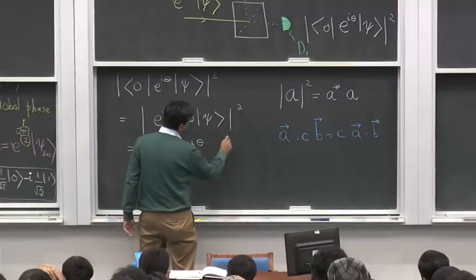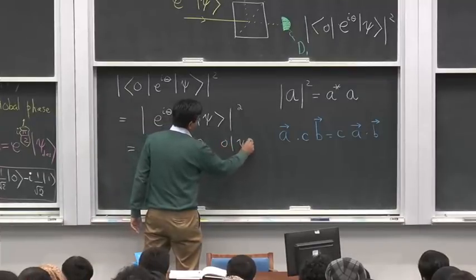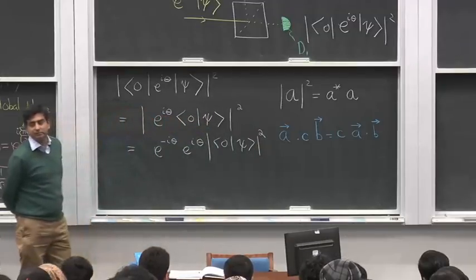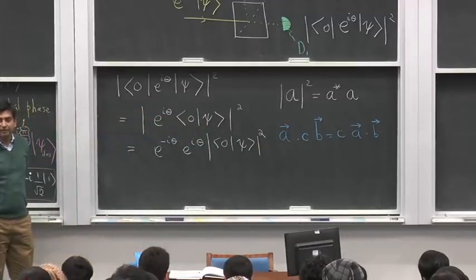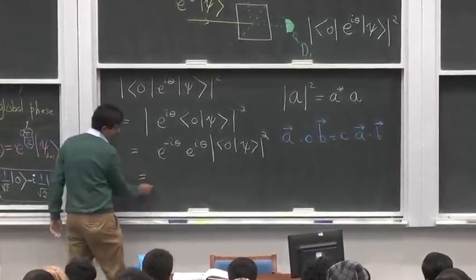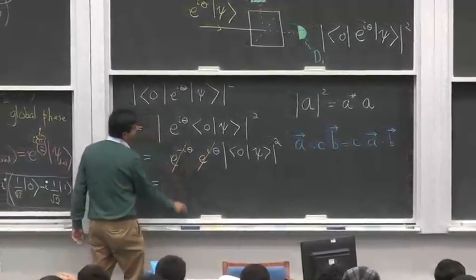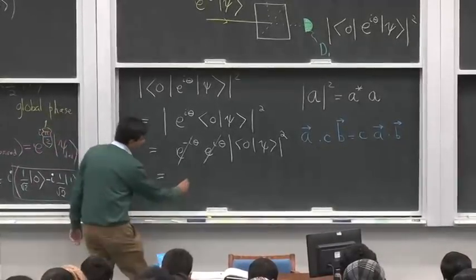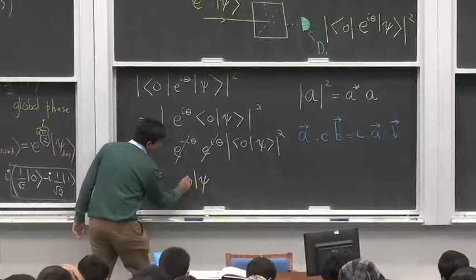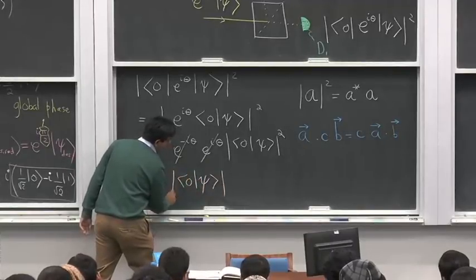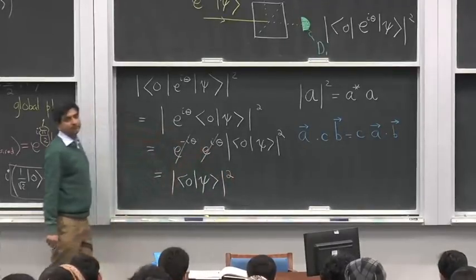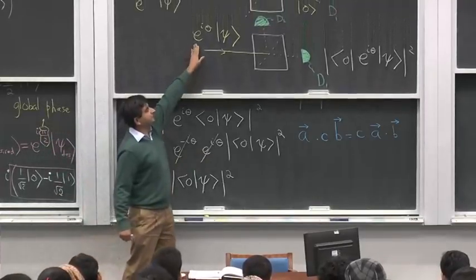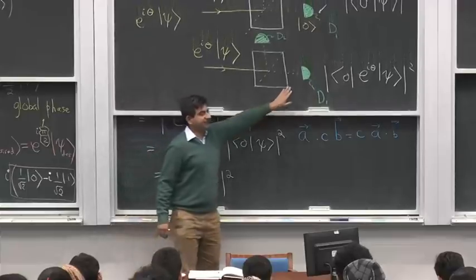And I would like to find this probability. Alright? Now this is just 1, which means it doesn't appear in the final probability. The factor of e^(i theta) in this input state does not appear in this probability.